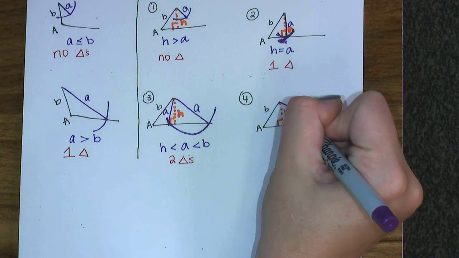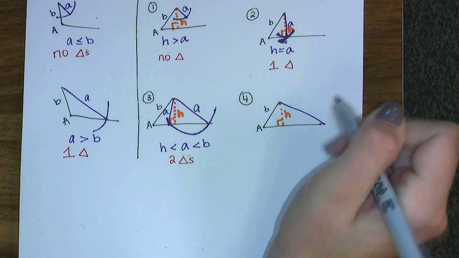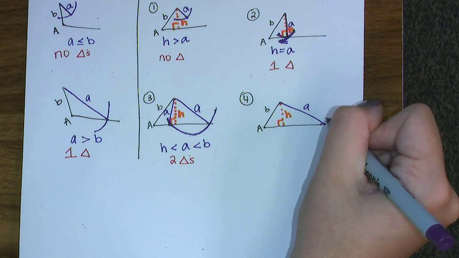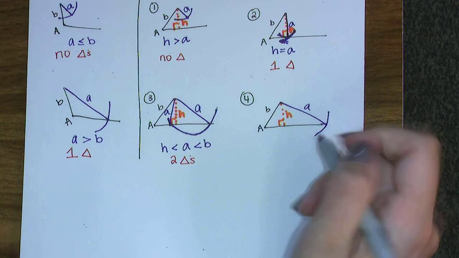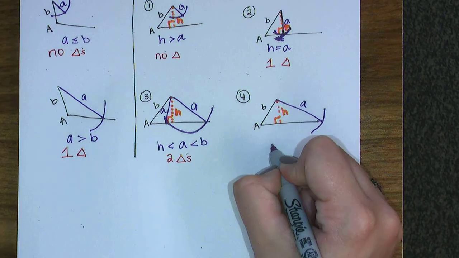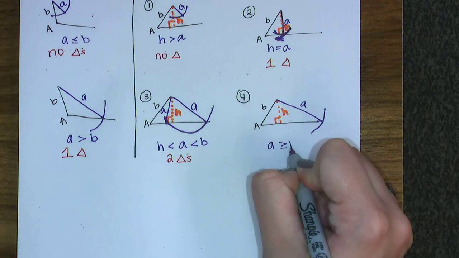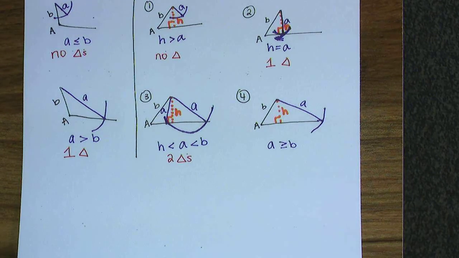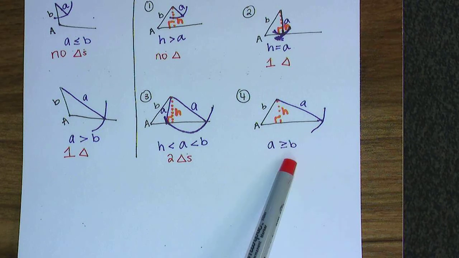So the point is that if you swung it through, it wouldn't intersect back over here. So in this case, A is greater than or equal to B. And you could do this one without ever finding H, because if A is greater than or equal to B, that's the only case where that's true. You could immediately say there's one triangle, and if you were asked to solve for it, then you could solve for it.